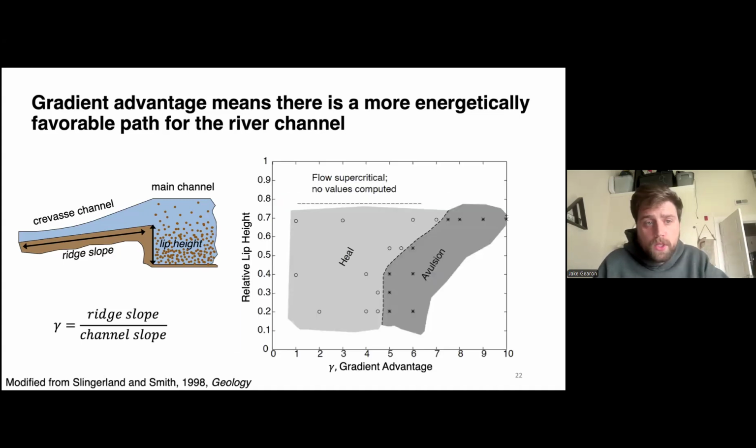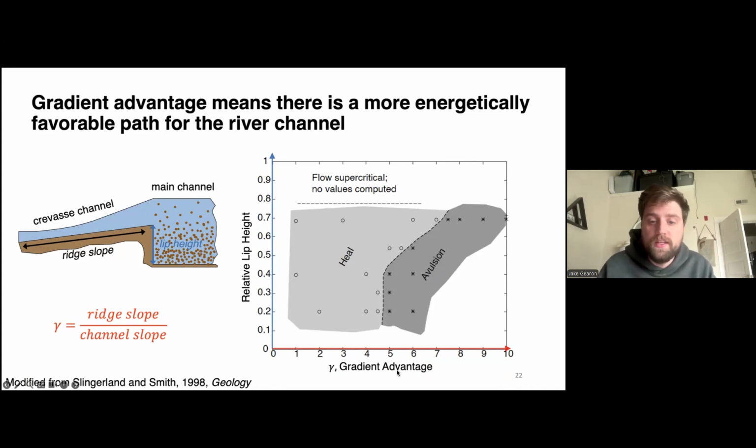So you can plot these two things. The first being the gradient advantage, that is how much steeper that ridge slope is than the main channel slope. And then what I would call more of the secondary effect, which is the height of this relative lip. And this just tells us how much of the crevasse channel can tap into the main channel's flow, because there is higher sediment concentration at the bottom of the main channel than the top of the flow.